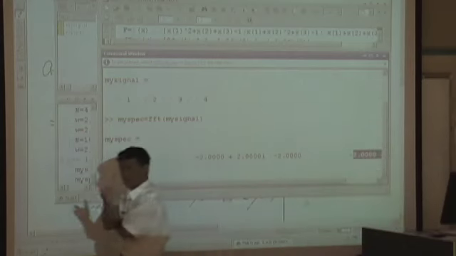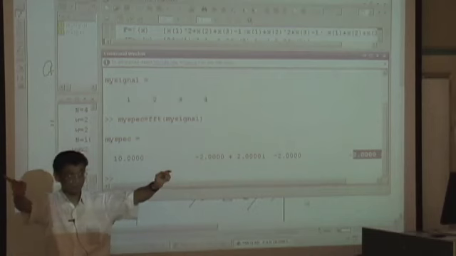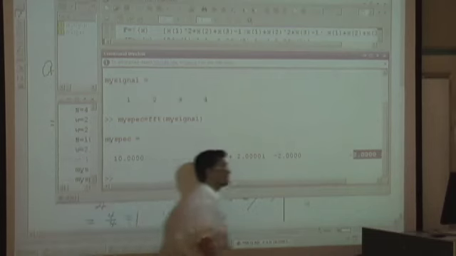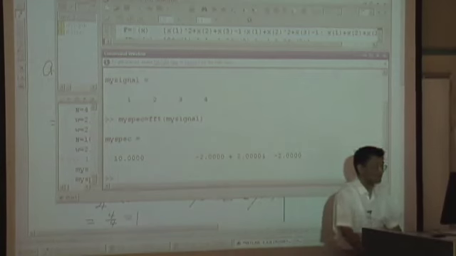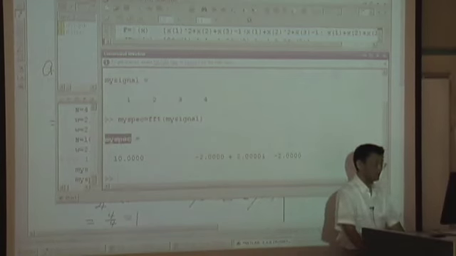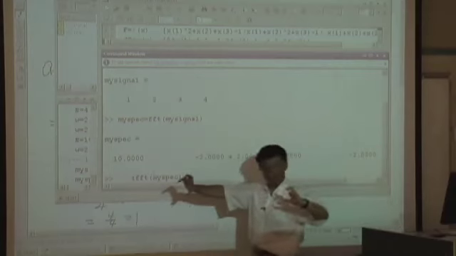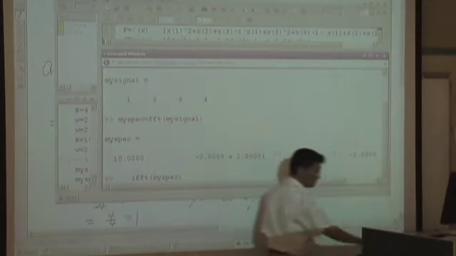Do you get it? So once you have a signal, we can get a spectrum, and vice versa. Once you have a spectrum, I will show you. My spectrum is here. Then we can do inverse FFT to restore the signal, right?